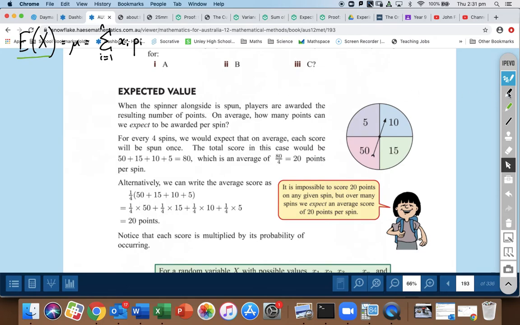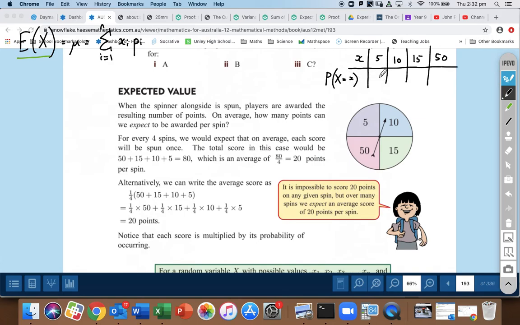Looking at this spinner, so going to the book's example, they've got these values: 5, 10, 15, and 50. And the probability that the variable will equal that value is 1/4 for each of them. And that's because we have an equally weighted spinner cut up into quarters.